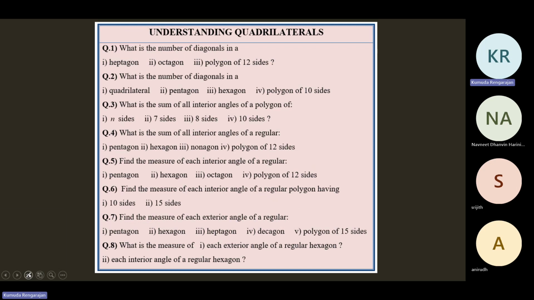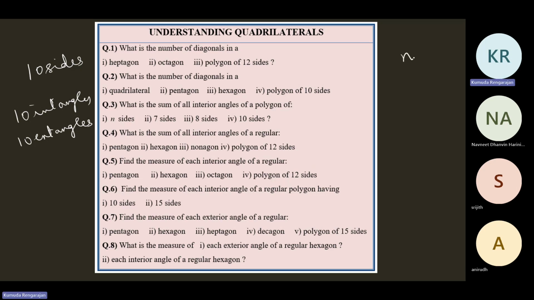A polygon with 10 sides has 10 interior angles and 10 exterior angles. Each interior angle will have its corresponding exterior angle.